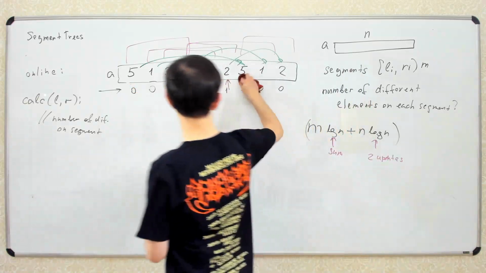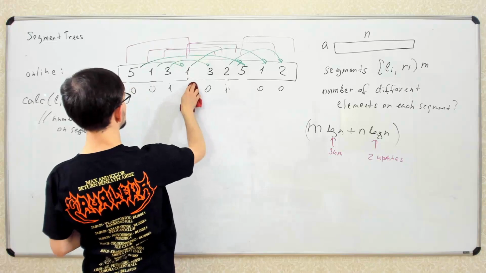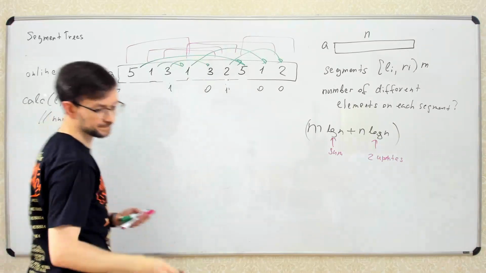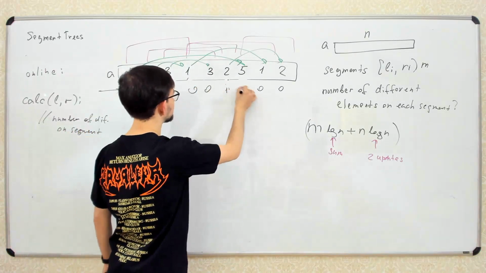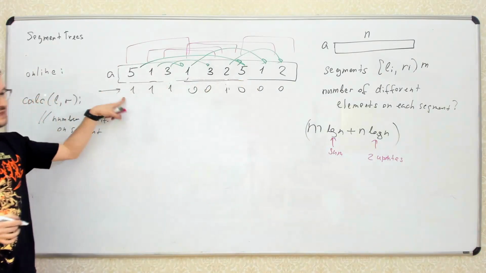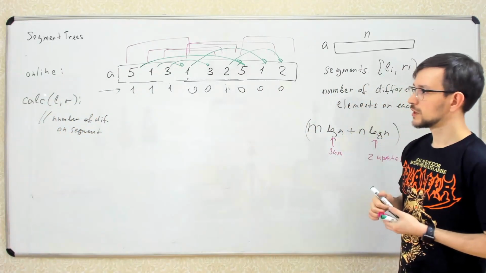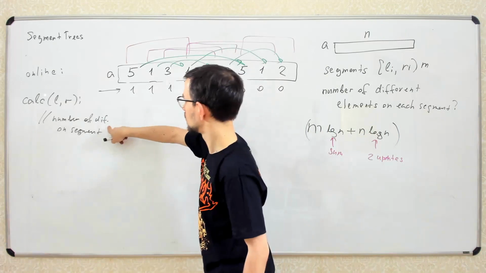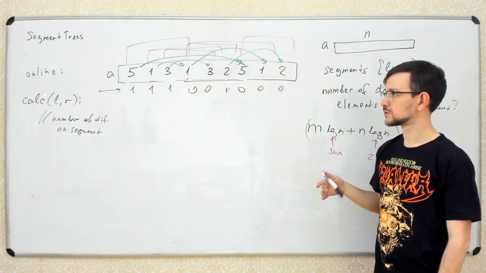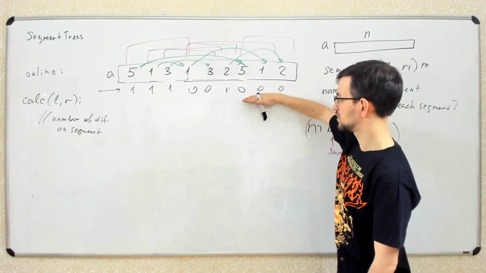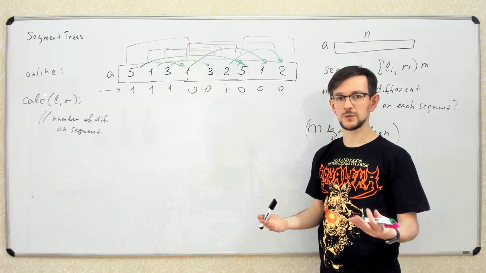I need to remove this. So first you have this segment tree, right? So if L equals 0, you need this segment tree to answer this query. You take this segment tree, get the sum in this segment tree, and this will be your value.